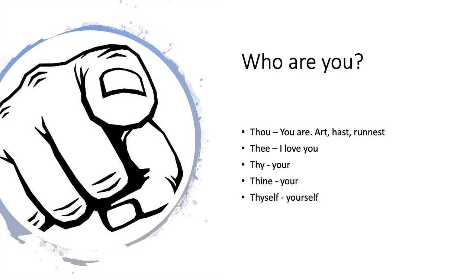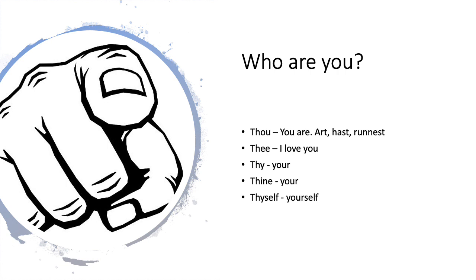The first one is thou. So thou still means you, but it's used usually before a verb. So it means you, and then you might say you are, you will, or you have. So the key thing there is thou means you, and then the word that follows it will be a verb, and usually the verb ending will be t, st, or est.